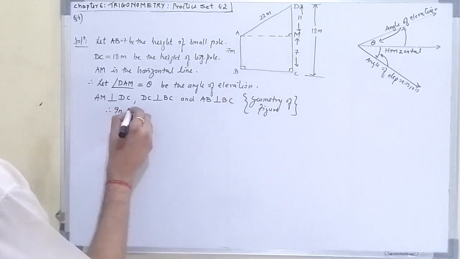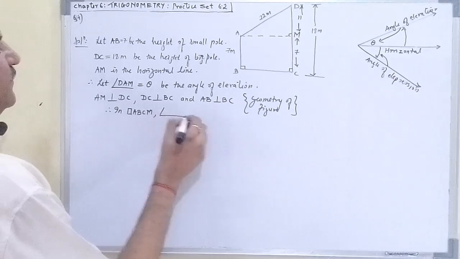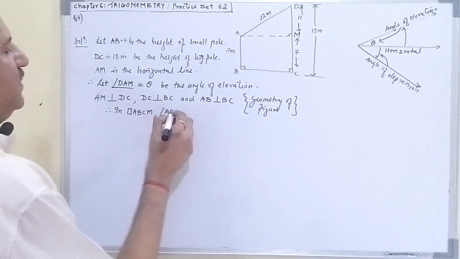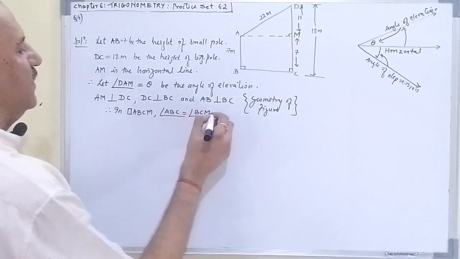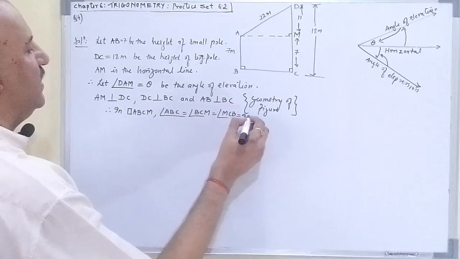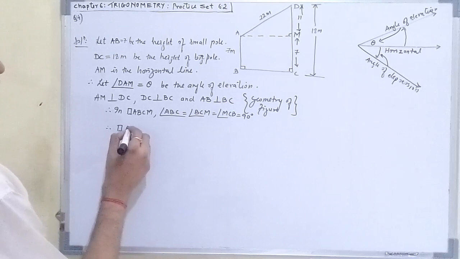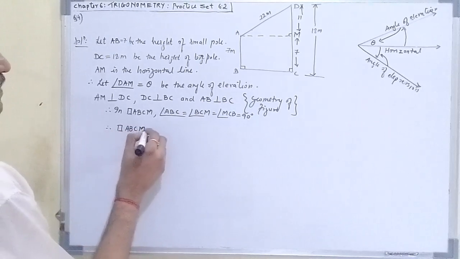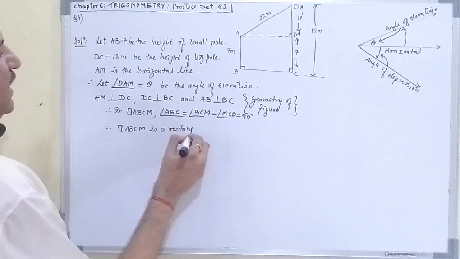Therefore, in quadrilateral ABCM, angle ABC equal to angle BCM equal to angle MCB equal to 90 degrees. Therefore, quadrilateral ABCM is a rectangle.